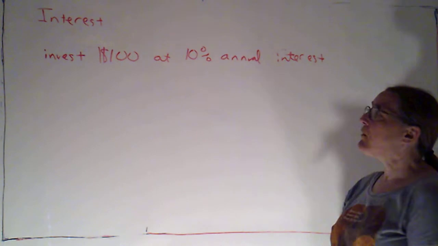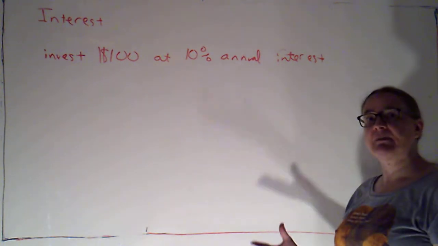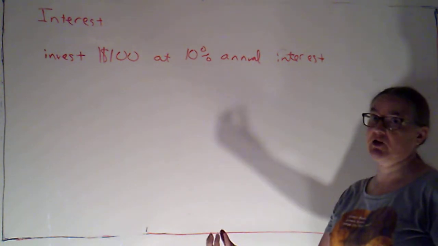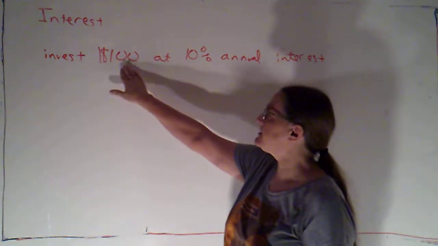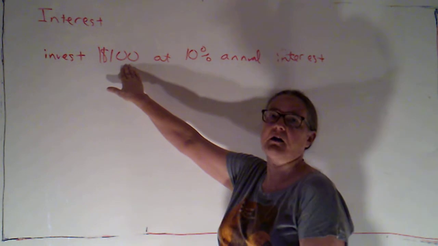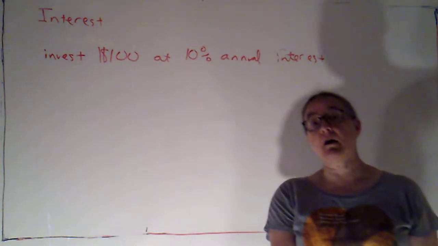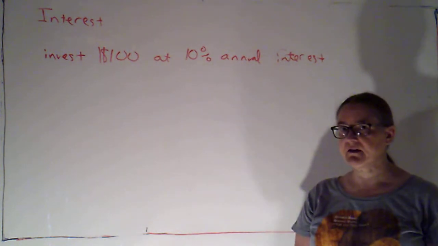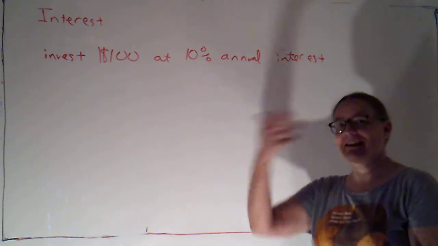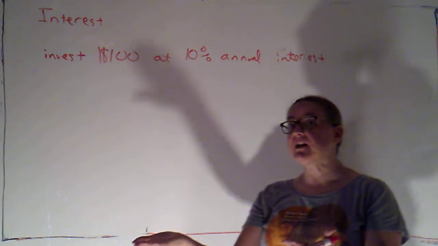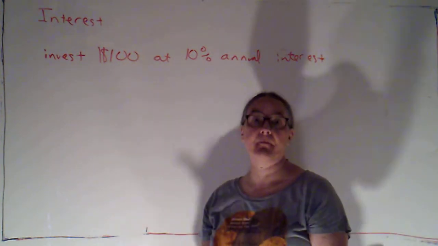Okay, and I want to just compare what happens if I invest this with simple interest. Simple interest means that the interest is always going to be calculated based on that initial investment of $100. Compare that to compound interest. Compound interest, once I've earned some interest, I have more money. The next time I earn interest, I'm earning interest on that bigger amount.